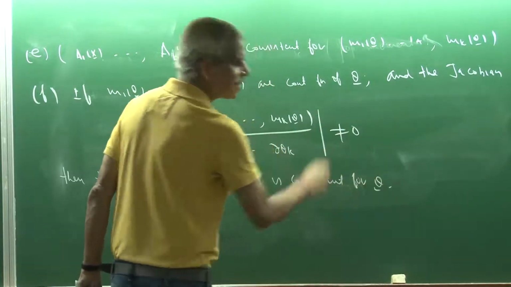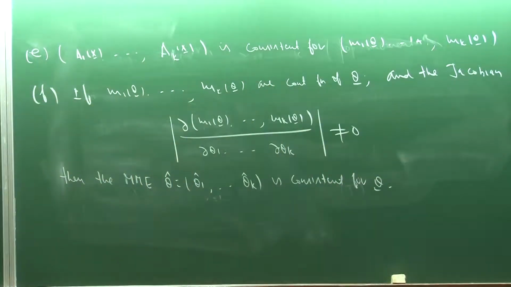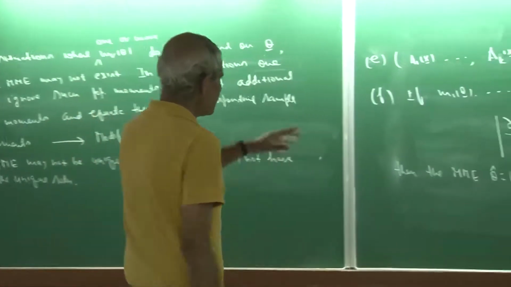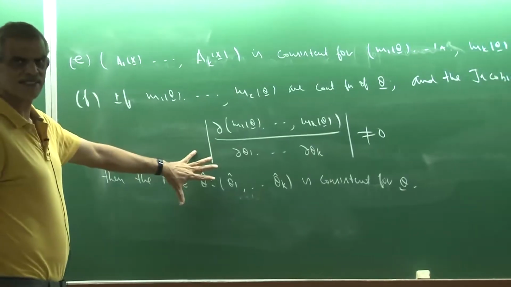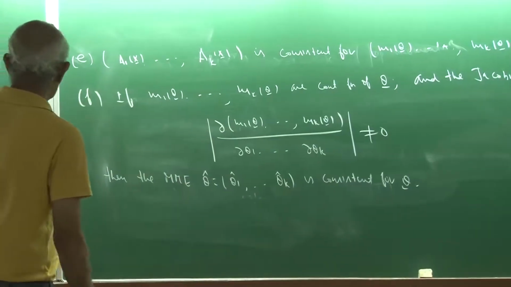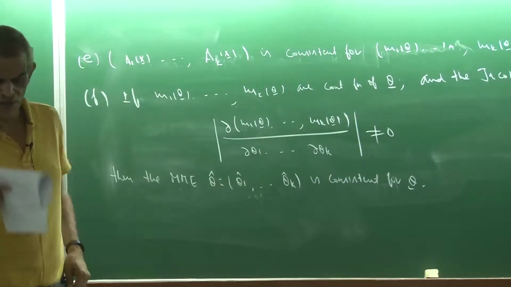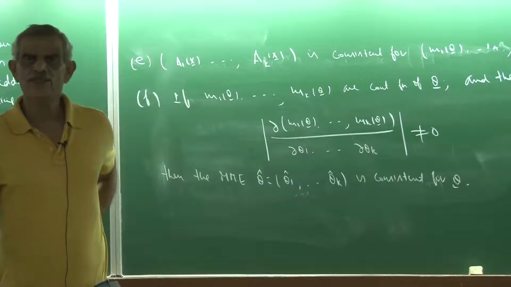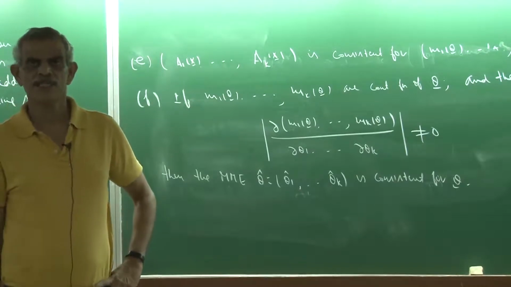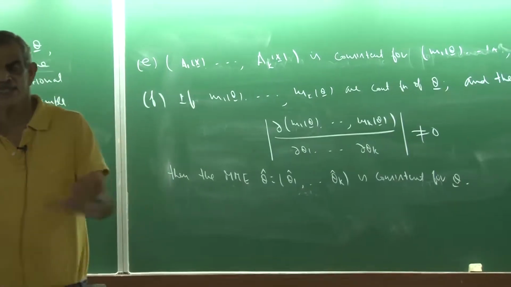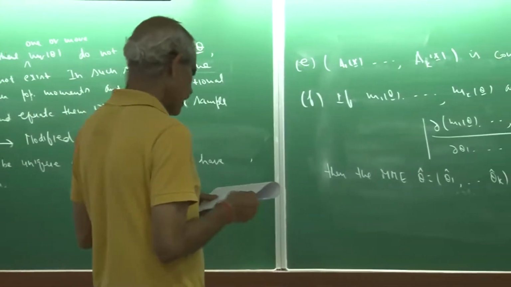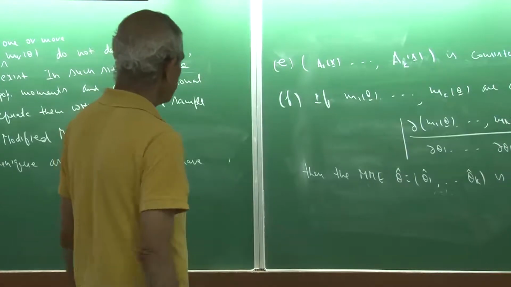So this is a very nice property of the method of moments estimator, that it has the desirable property that theta hat is consistent for theta under quite general conditions. What it assumes is that the transformation from theta to M1(theta), M2(theta), ..., Mk(theta) should be continuous and one-to-one, in the sense that the Jacobian is non-zero. Then theta hat, the method of moments estimator, is consistent for theta.